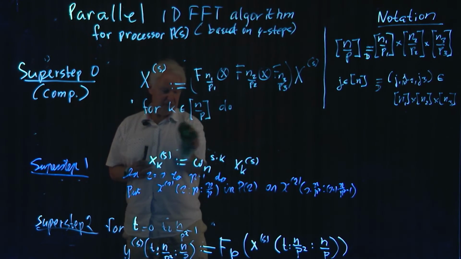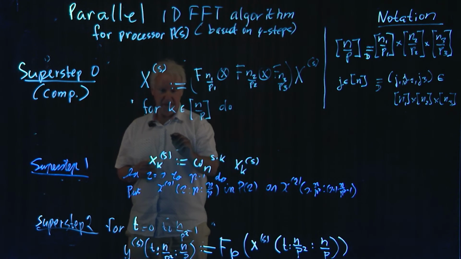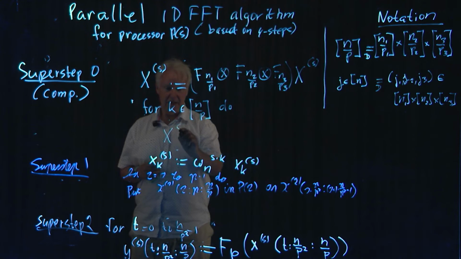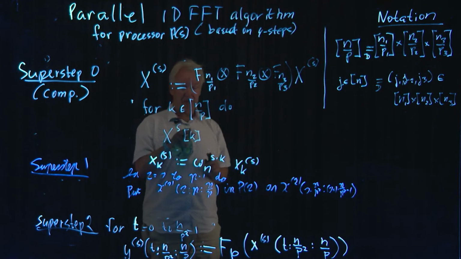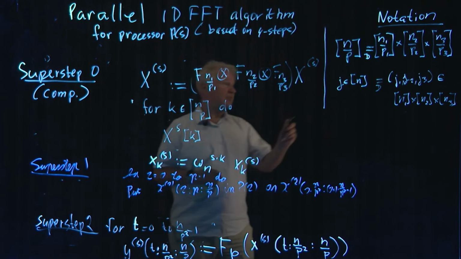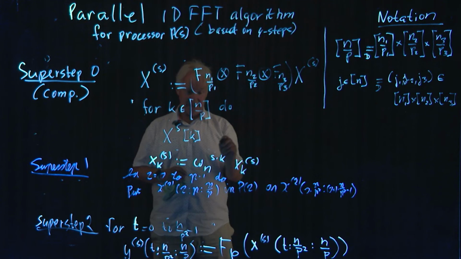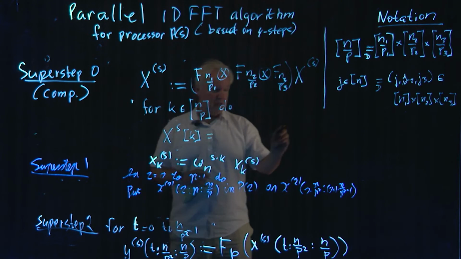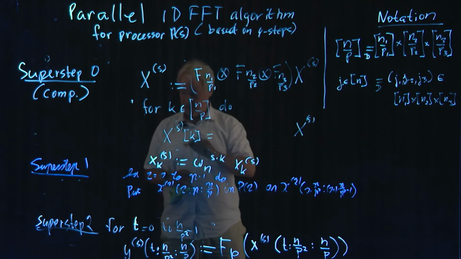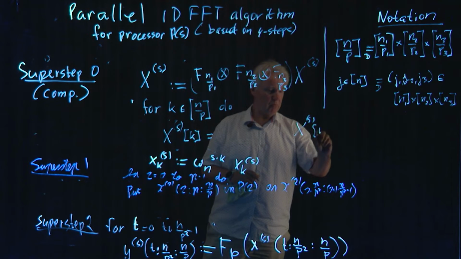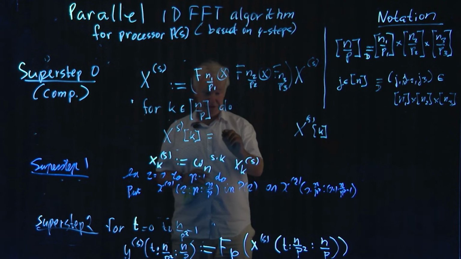And what we're then going to do is that we multiply x at the kth index. And when we talk about indices, then we're talking about three-dimensional indices, in this case, the kth index, and that's the original xs with k, and then multiplied not by one such omega, but by three such omegas.